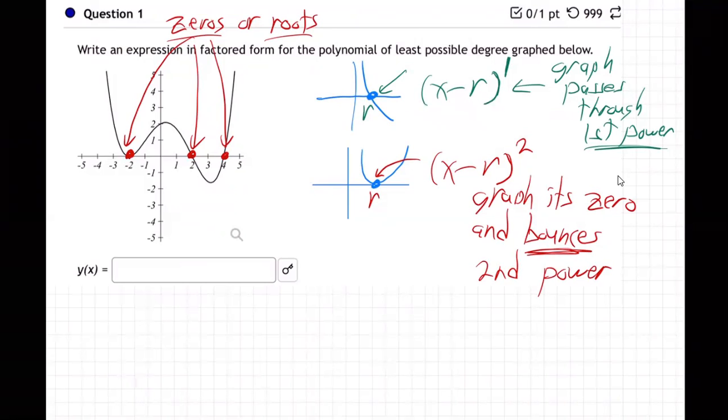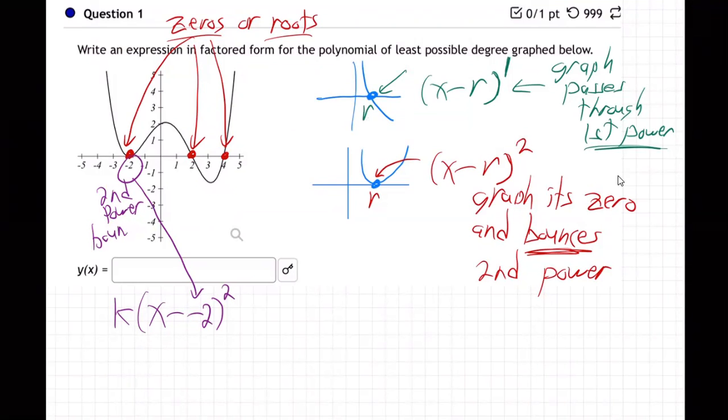So in general then, coming on down here, we know our equation is k, and there's always a k in the front, x minus, and what is this? -2, second power. This is going to be second power because it bounces here, right? This one bounces.